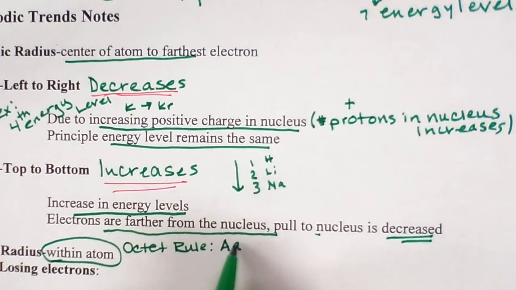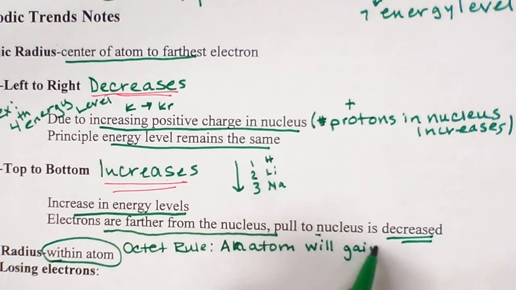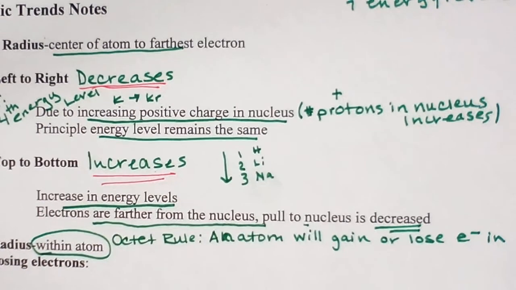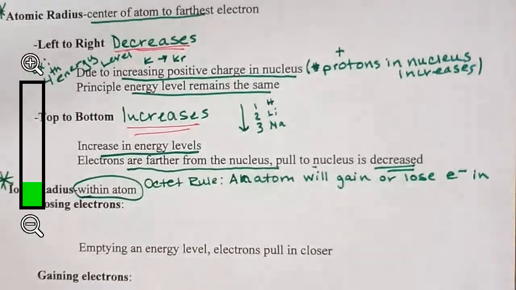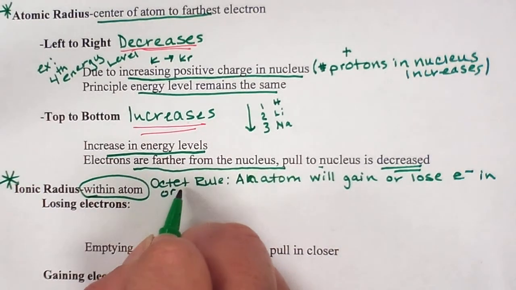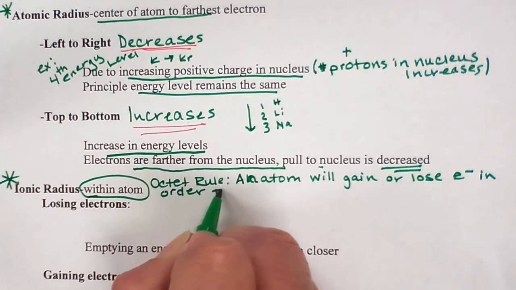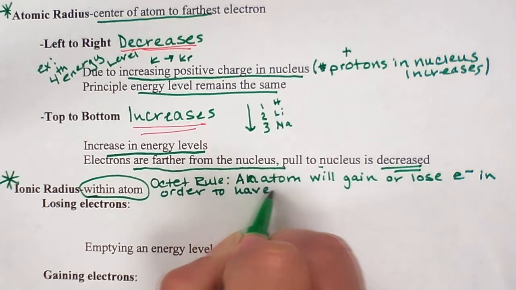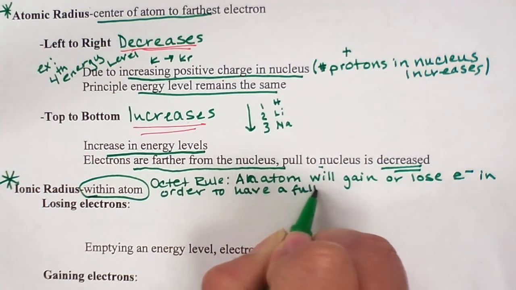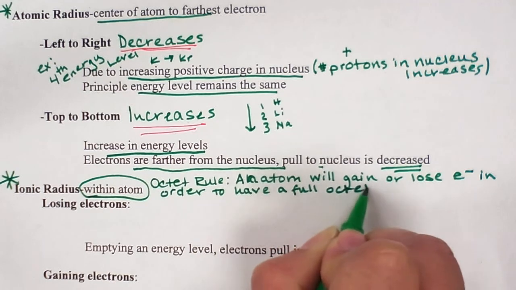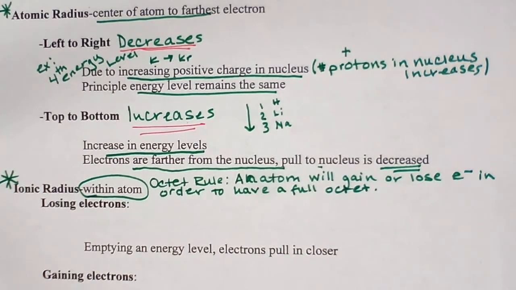An atom will gain or lose electrons in order to have a full octet. And the octet that we're talking about, as we described before, is the S2 and P6 electrons.